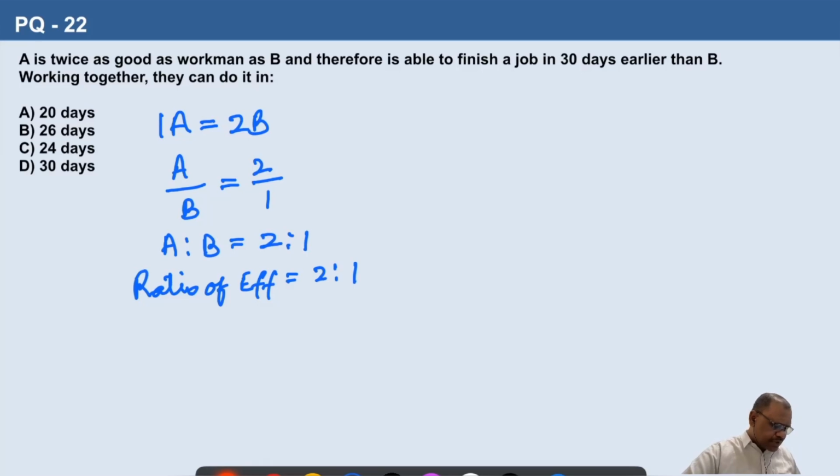So A is able to complete the work 30 days earlier than B. Because the efficiency of A is twice, A is able to finish the work in 15 days earlier than B. So let us write down here A, B and A plus B. Time into efficiency is equal to work.